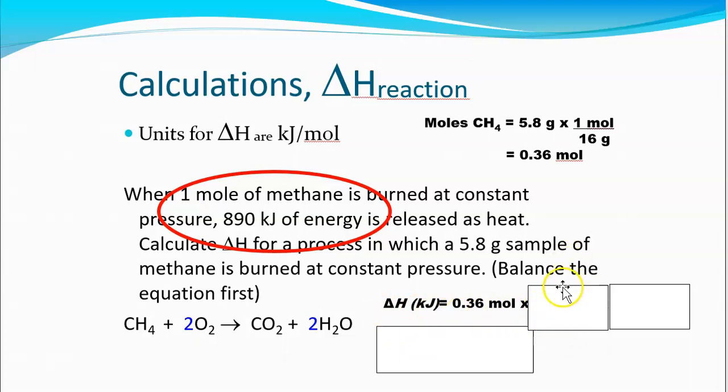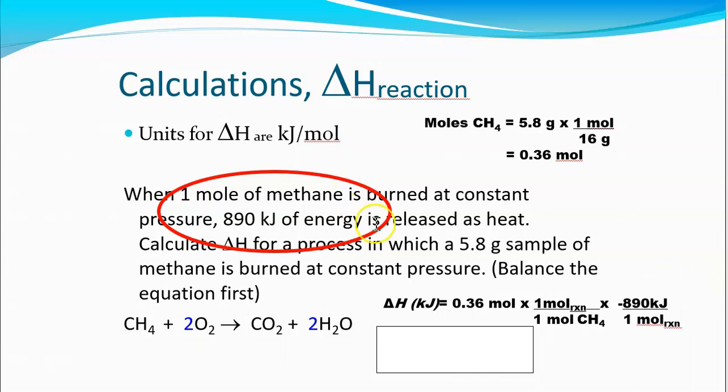Okay, so that's moles of methane. And looking at the equation, we see that 1 mole of methane is 1 mole of reaction. And then we can use the information from the problem. For 1 mole of reaction, we have 890 kilojoules of heat.